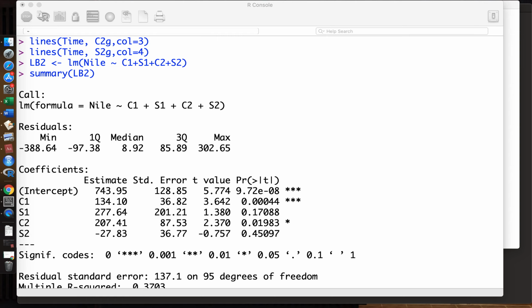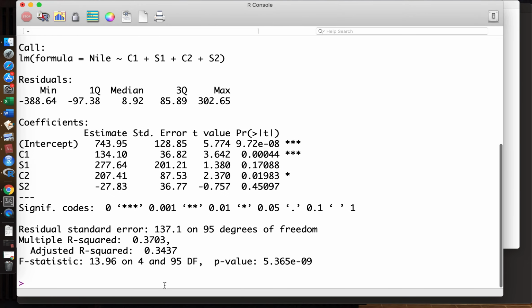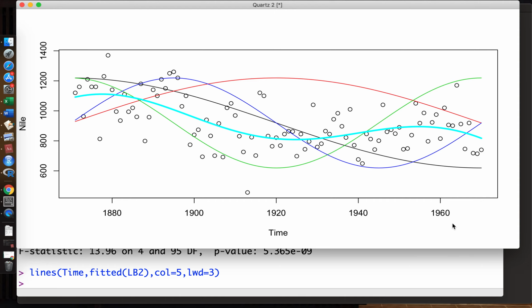Now we plot and overlay the fitted line, so we already have the four curves here. We put the fitted line in another color, maybe color 5, and slightly thicker. Okay, so the light blue curve is the fitted curve.